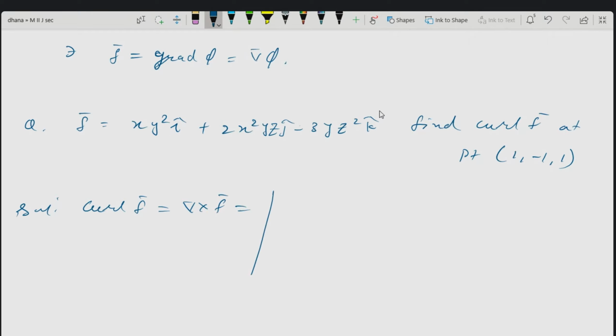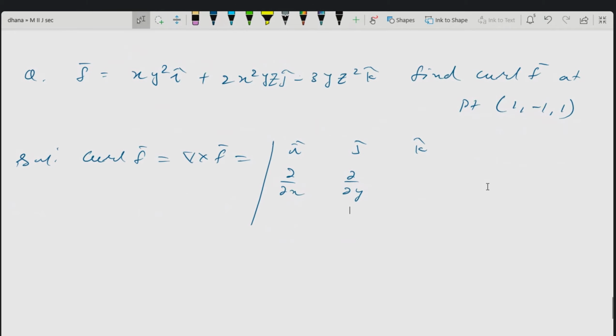So that is nothing but this determinant: i, j, k, dou by dou x, dou by dou y, dou by dou z. As I told you, no need to remember any formula in component-wise form. Just write it down and calculate it directly. So this is x y square, this is 2x square y z, and this is minus 3y z square.